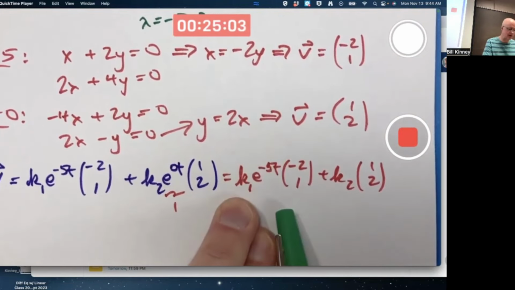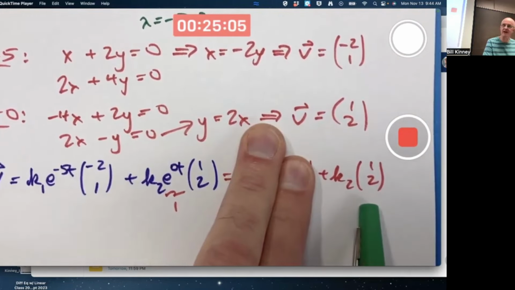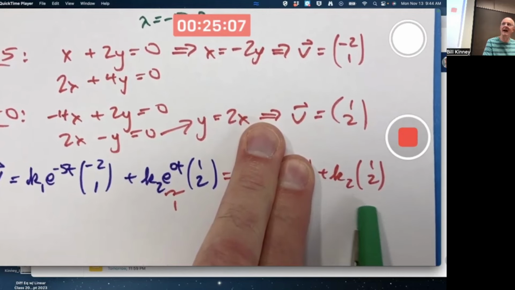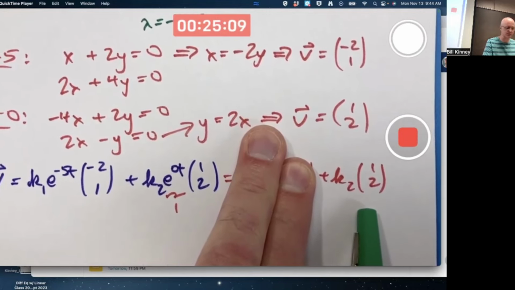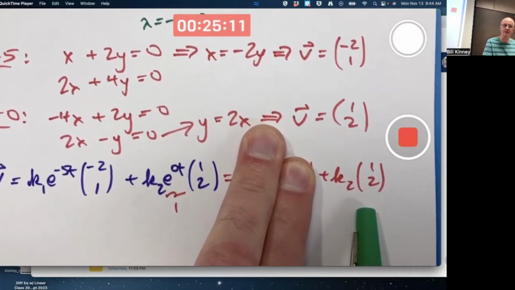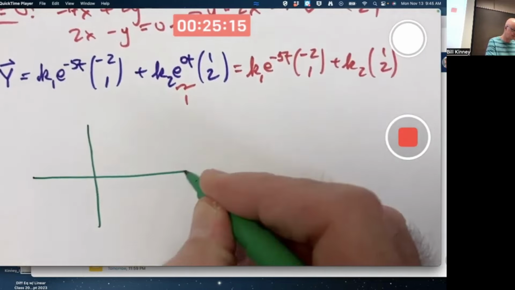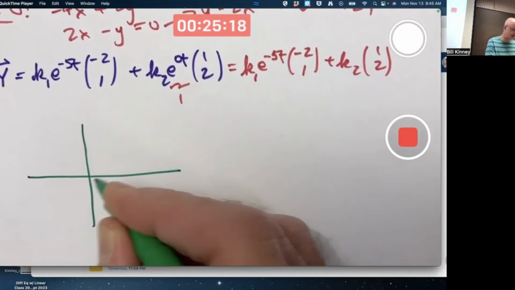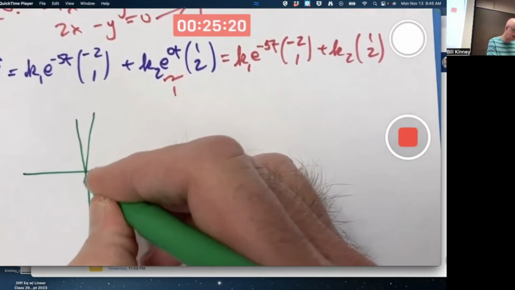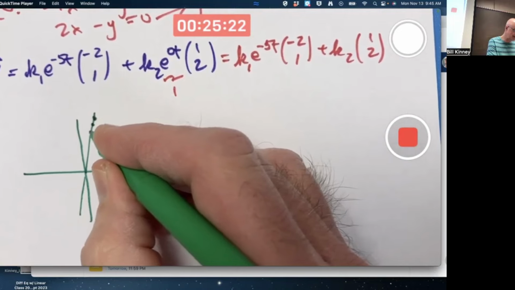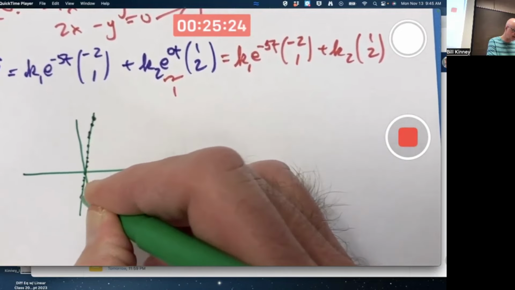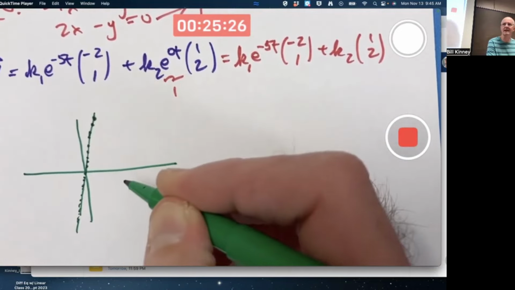So if K1 is 0, our solution is constant. All equilibrium points lie on the line through the origin parallel to that vector (1, 2). This is a line of equilibrium points, infinitely many equilibrium points. Every point on that line is an equilibrium point.